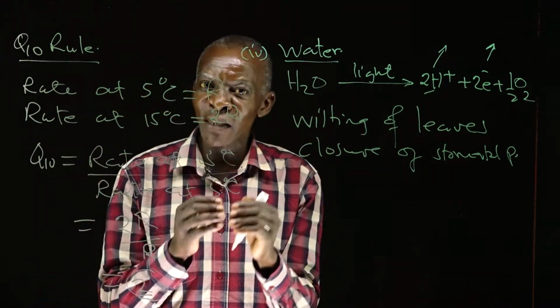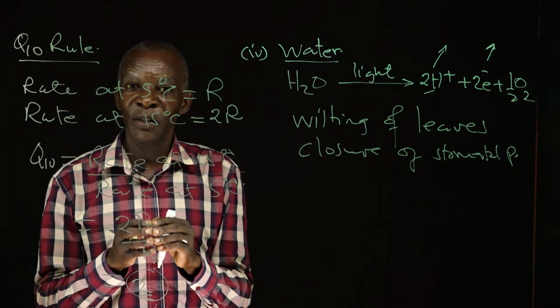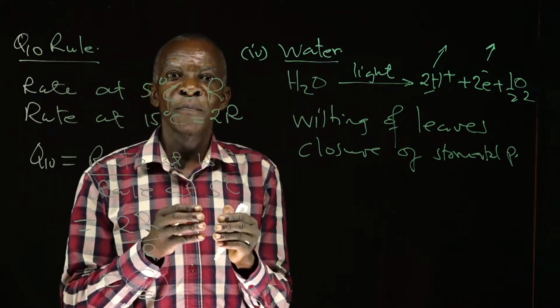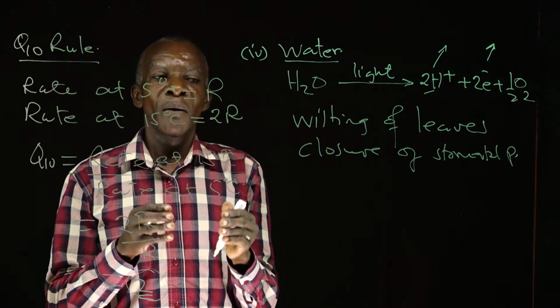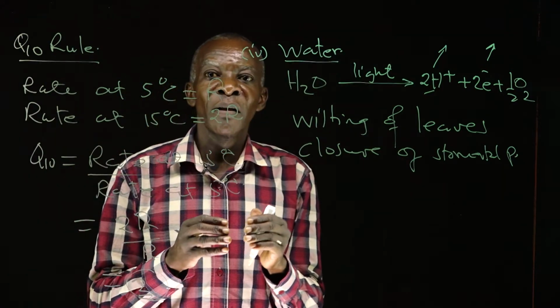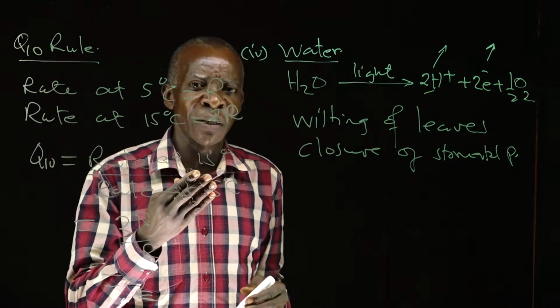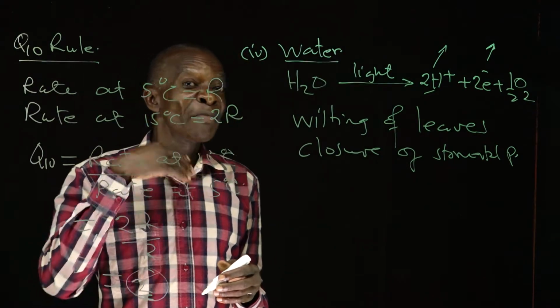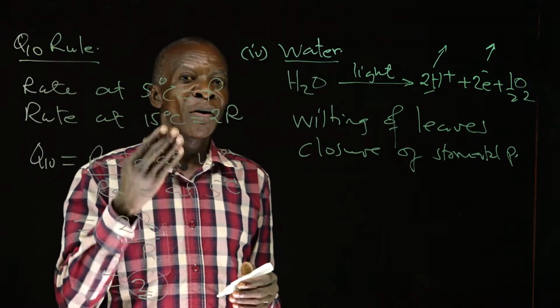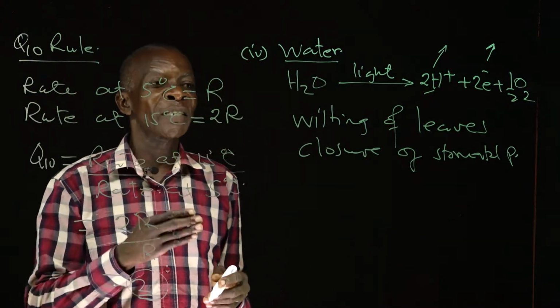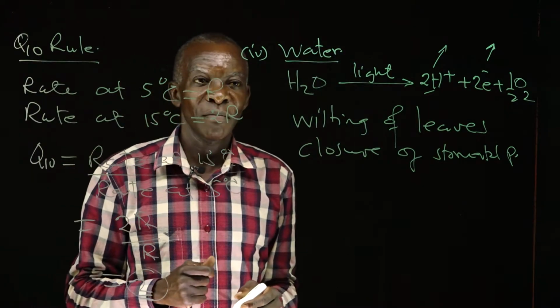When the stomatopores are closed, then there will be reduced, if not minimized, intake of carbon dioxide, and consequently photosynthesis will fail.